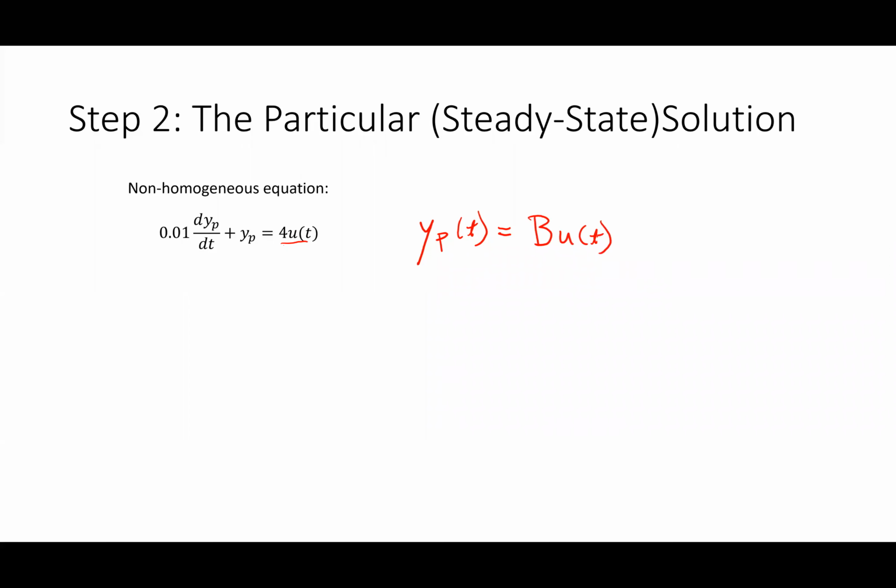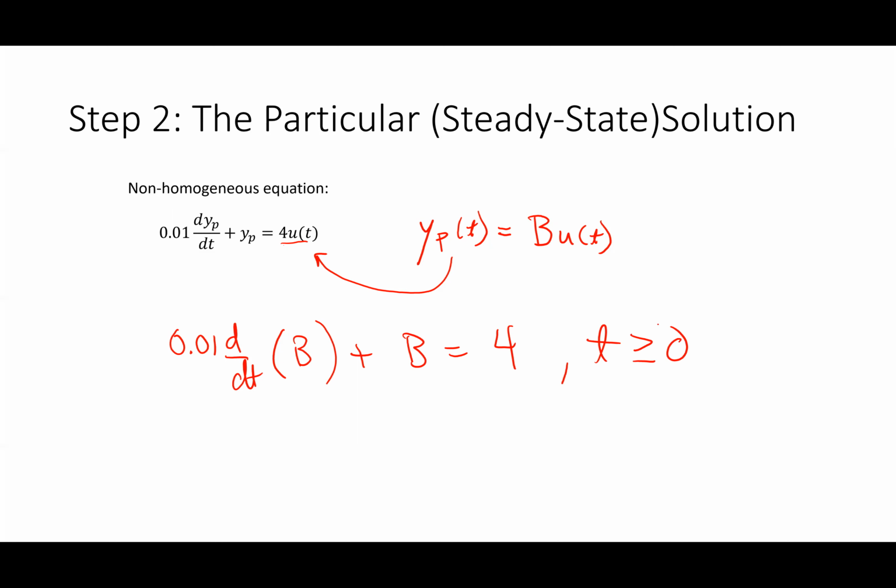Well, I plug that back into the equation. So I have 0.01 d by dt of B times u of t, plus B equals 4. Let's just do this for t greater than or equal to 0.